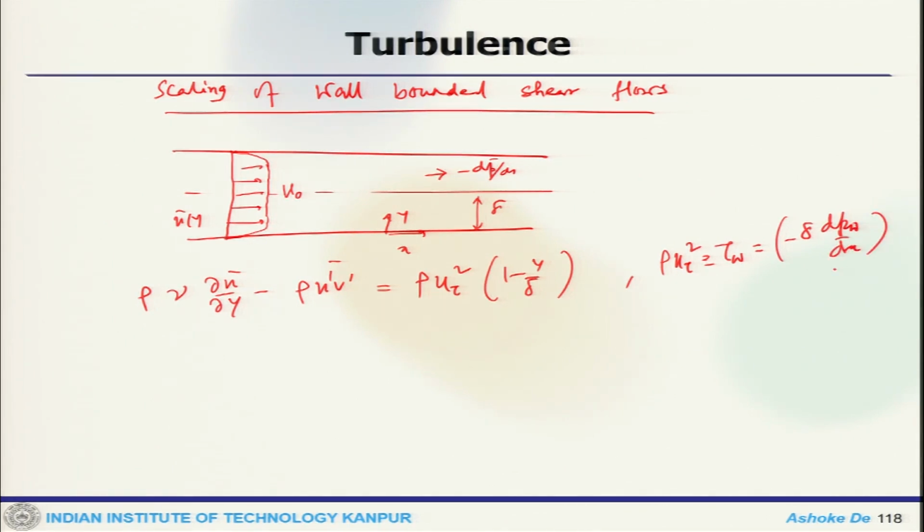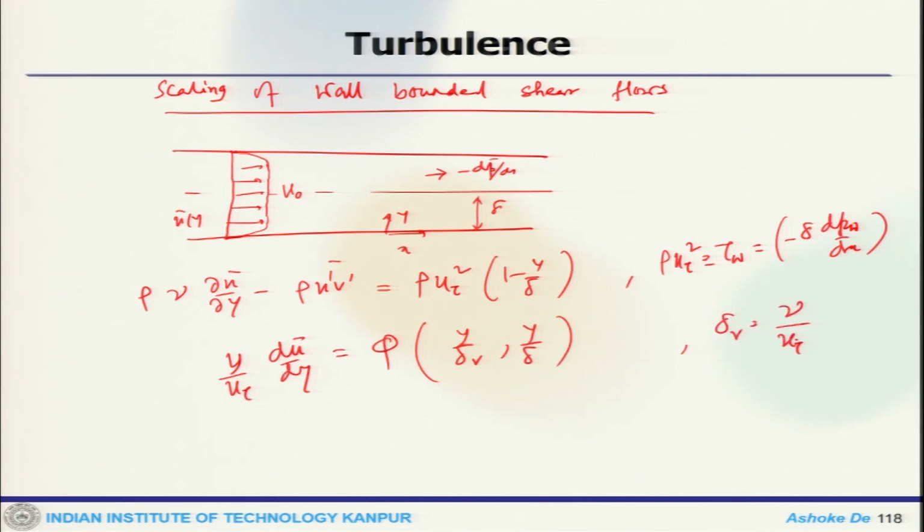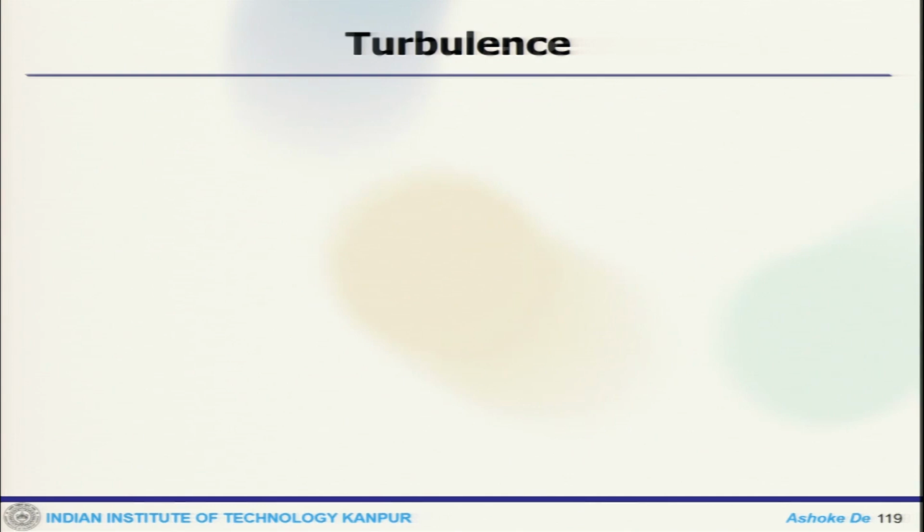So, for the scaling of the mean velocity gradient, based on dimensional analysis, one can get y by u tau del u by del y equals a function of y by delta v and y by delta, where delta v is nu by u tau. So, we have three different layers.